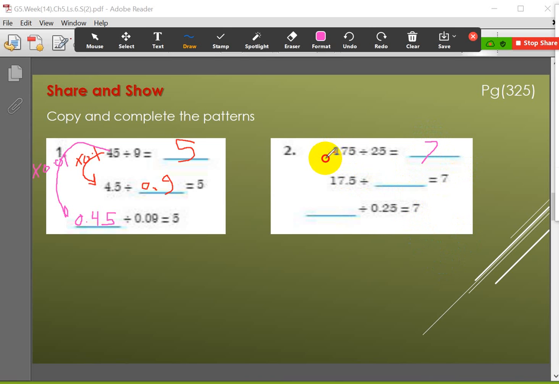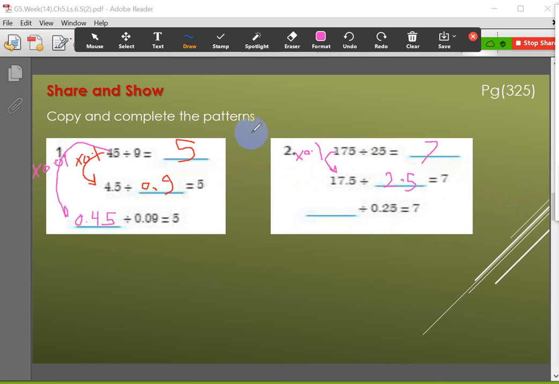If I want to make 175 into 17.5, I have to multiply with 0.1. So the 25, it will be what? It will be 2.5. Also, the division will be the same. Now, the last one.